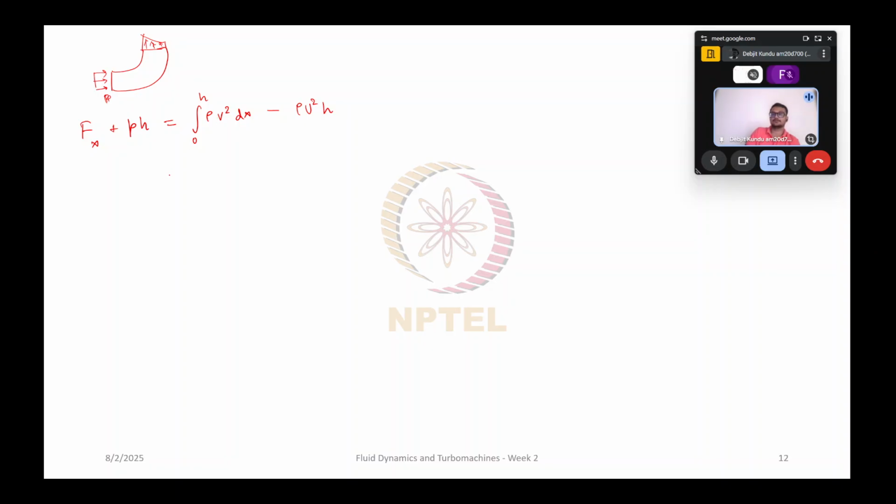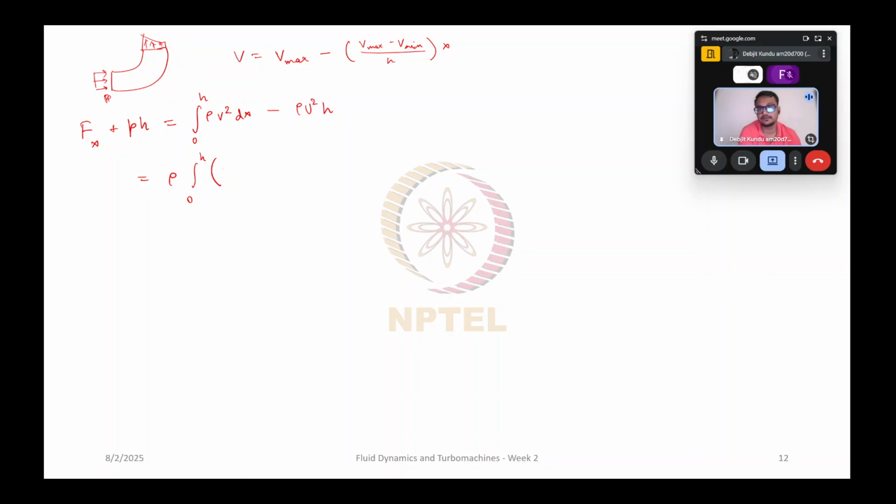Now let's evaluate this integral. So I'll take the rho outside, 0 to h, and the formula for V was V max minus (V max minus V min) by h into x. So I'll keep, although we know what V max and V min are in terms of U, let's keep them as it is right now for mathematical simplicity.